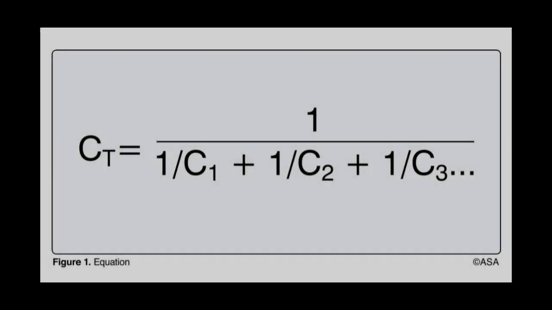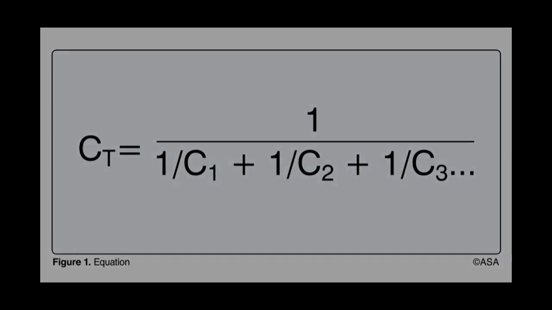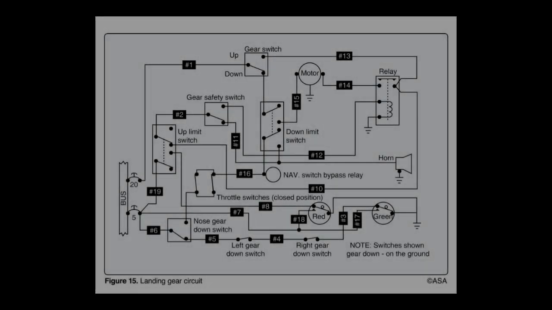Refer to Figure 1. When different rated capacitors are connected in series in a circuit, the total capacitance is less than the capacitance of the lowest rated capacitor. Refer to Figure 15.